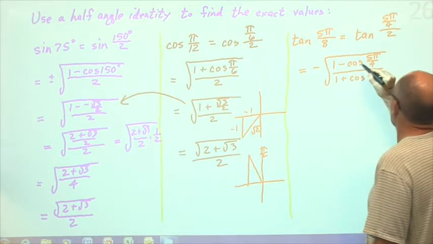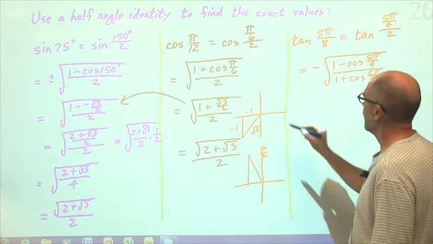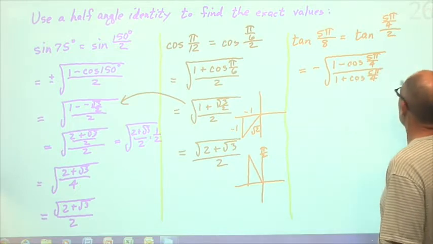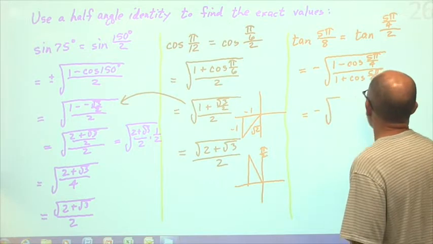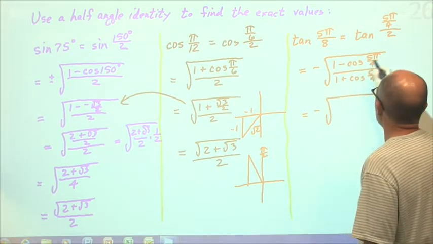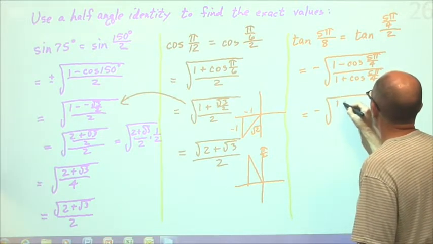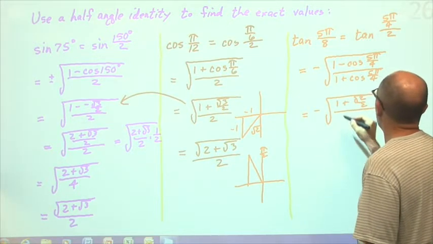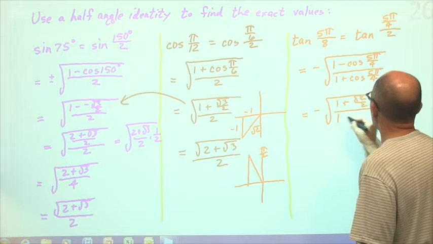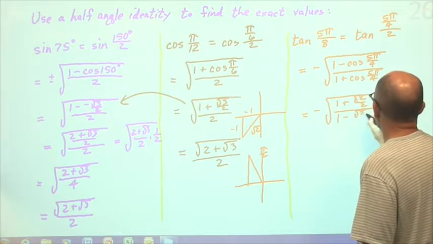Okay, now, cosine of 5 pi over 4 is negative square root 2 over 2. So this becomes negative square root of, now 1 minus a negative becomes 1 plus square root 2 over 2. And then 1 plus the negative becomes 1 minus square root 2 over 2.